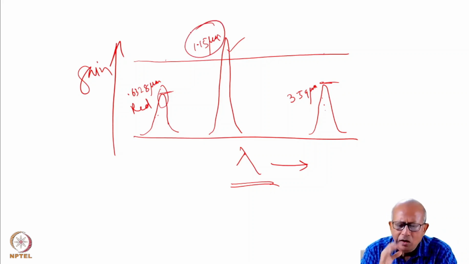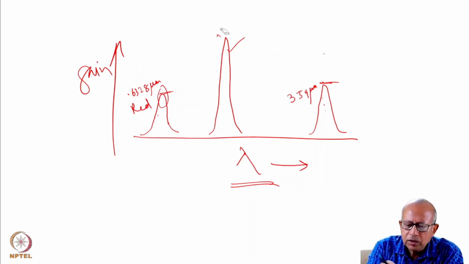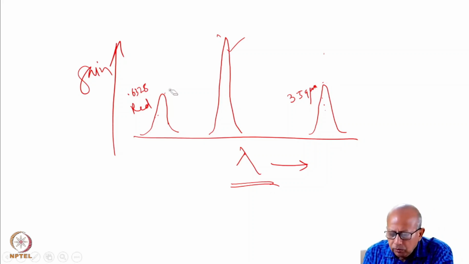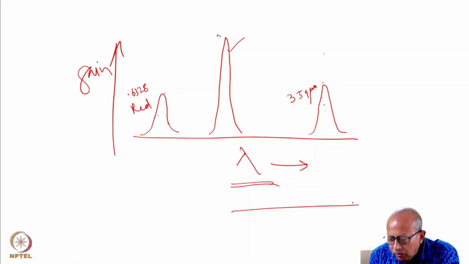Now, if you have to choose another wavelength, for example, this one, which has the minimum gain, that is the visible. So what you do, so this is your helium neon active medium.